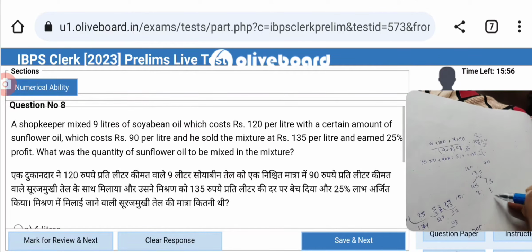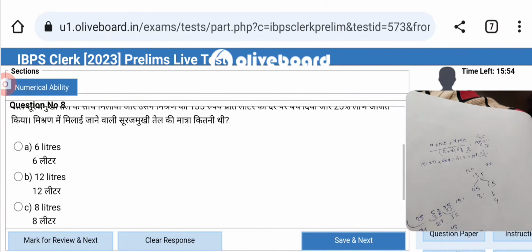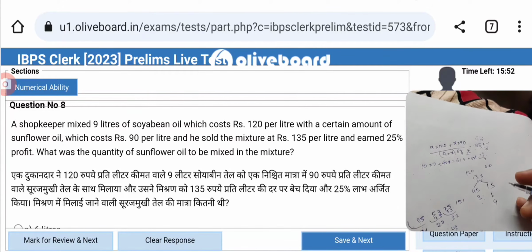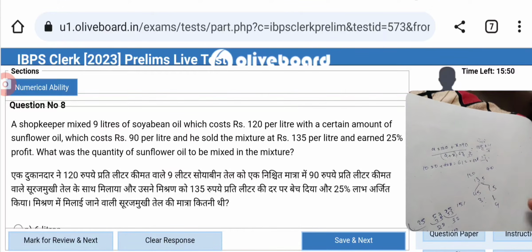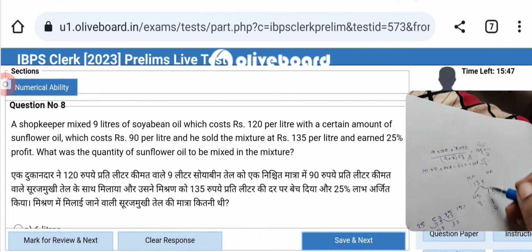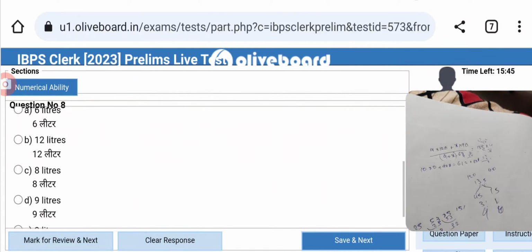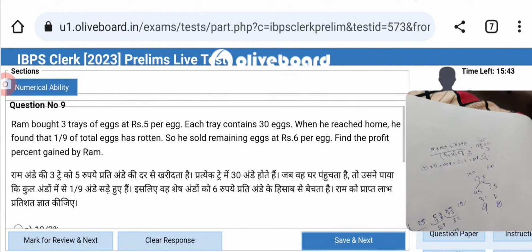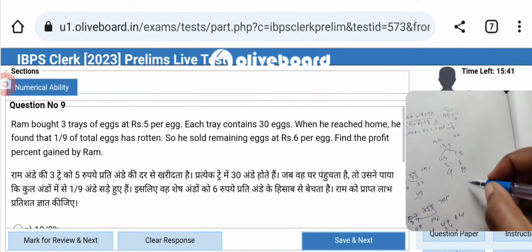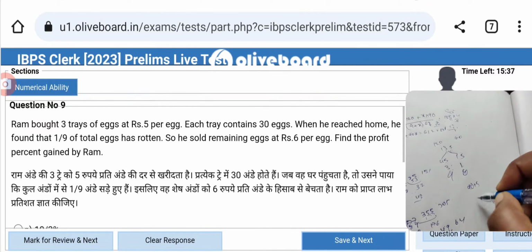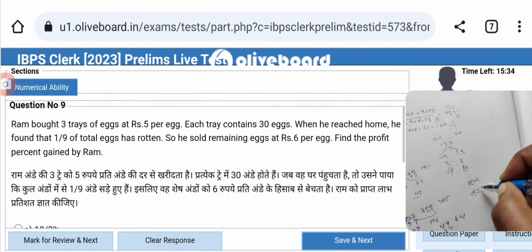So 90 is 9 liters. Then what is 3? When 20 is 9, and this is 3 liters. Round about 3x each tray, 30x, 95 or 50.